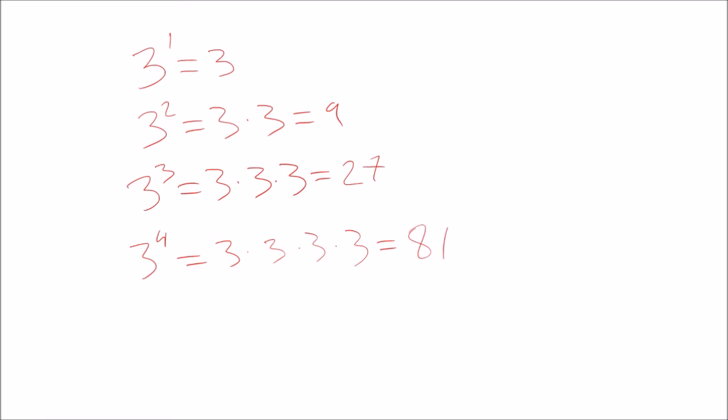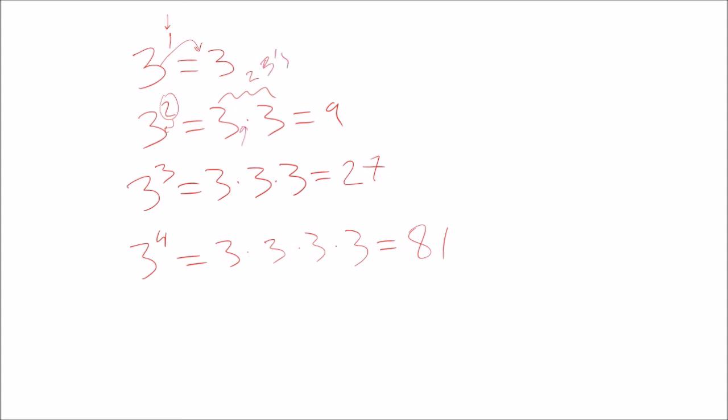Now, this shows you right off the bat a little bit about how powers are solved. This exponent really means how many 3's are multiplied by each other. We have 1 here, so we just have 3. We have an exponent of 2, so there are going to be 2 3's, and you're going to multiply them.